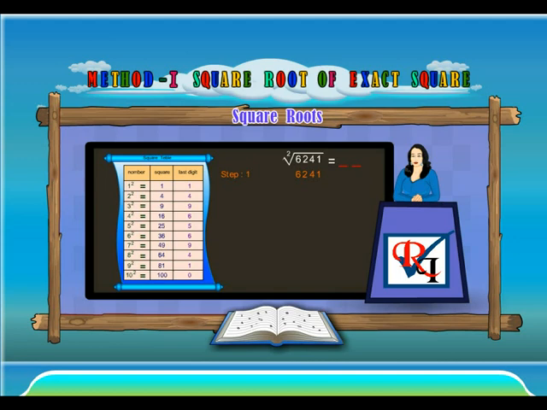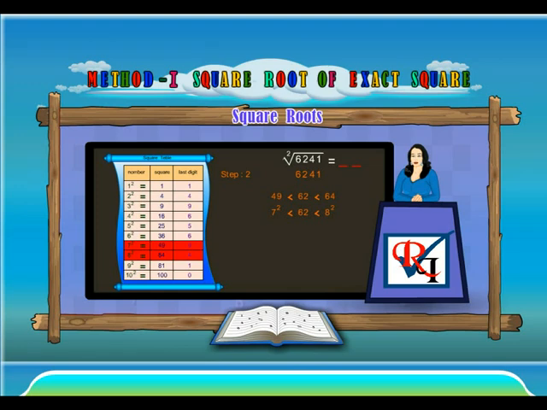After knowing the number of digits in the square root, in step 2, look at the second group, which is 62. Now search for this number in the table from the beginning, and we find that the given number is between 49 and 64, which are the square of 7 and the square of 8.